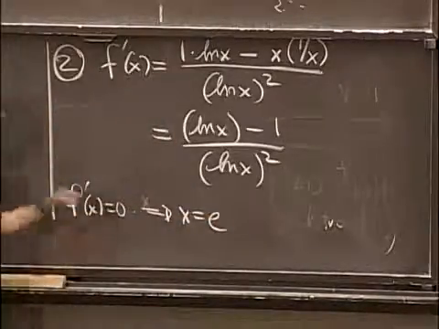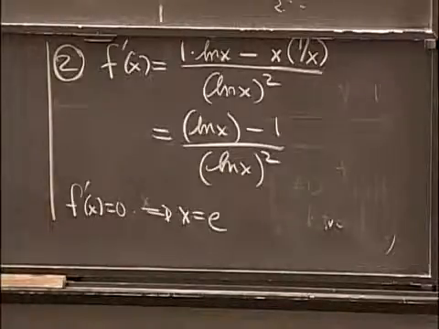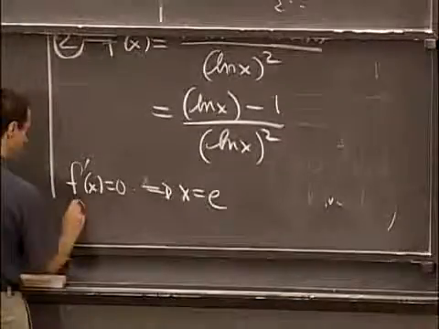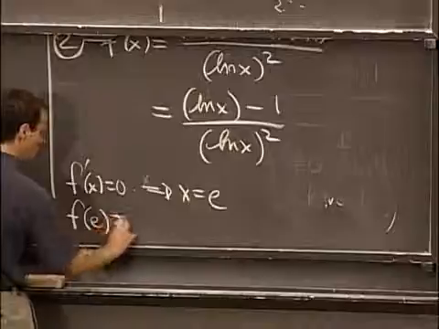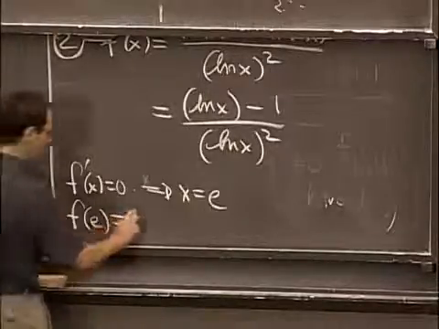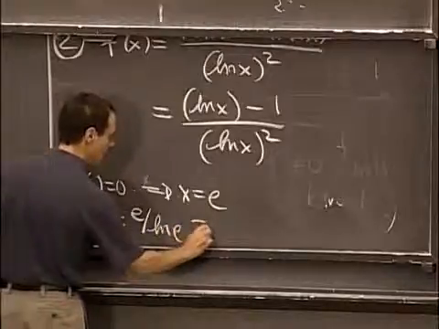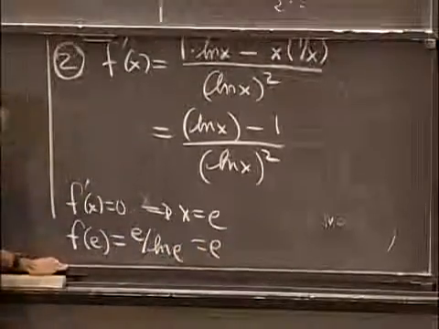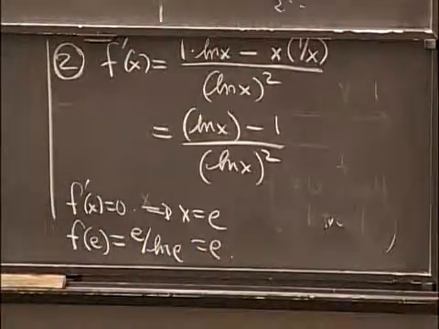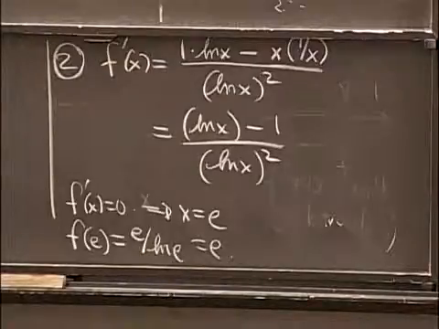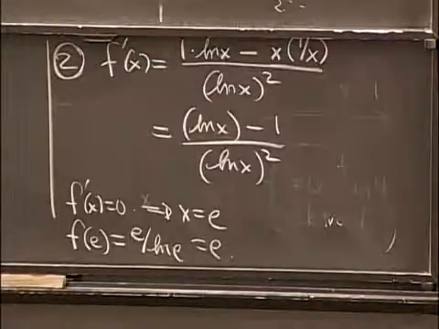Okay, so here's our critical point. And we have a critical value, which is f of e. That's going to be e divided by log e, which is e again, because log e is 1. So now I can also plot the critical point, which is down here. And there's only one of them, and it's at (e, e).